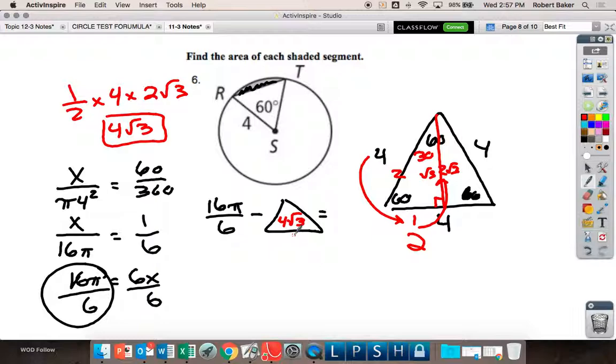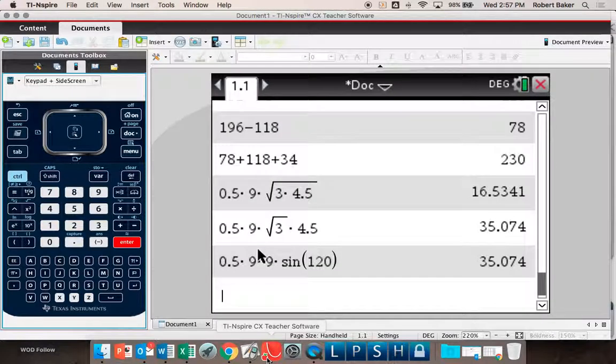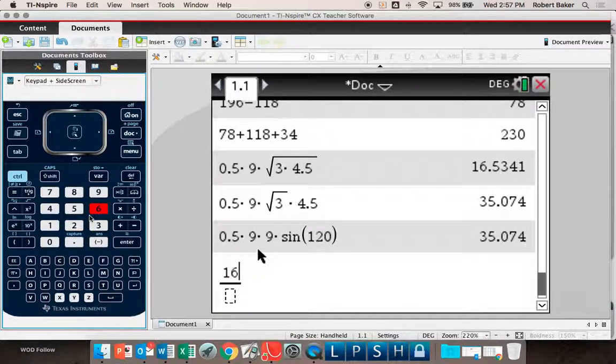And the only way to figure out what that answer is, is to type it in the calculator and get a decimal answer. So 16 pi over 6 minus 4 square roots of 3. See how many times I can screw this up. 16 pi over 6 minus 4 square roots of 3.